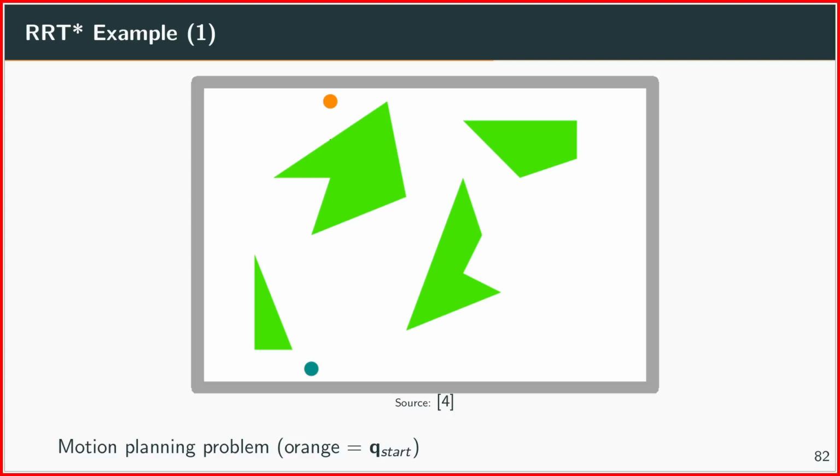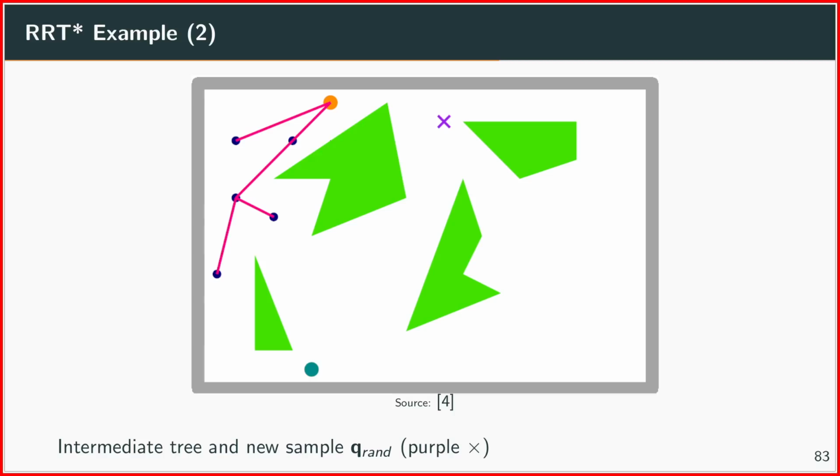It has to go here from the top configuration to the bottom configuration, and the motion planning problem is that orange is Q start, and this one here is Q goal. And then you do the same as we did with RRT. You start here from the start configuration, you sample random configurations, and you try to connect them.